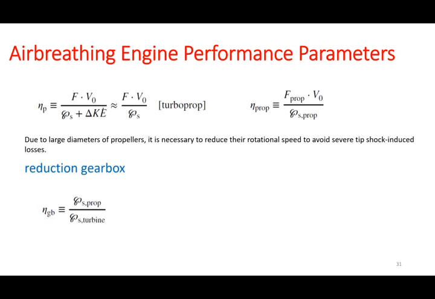What if your mechanical energy is not dominated by the jump in the kinetic energy? In that case, you have to include the shaft power, of course, that we have seen before. For a turboprop in which the kinetic energy is negligible compared to the shaft power, we can only include the shaft power.